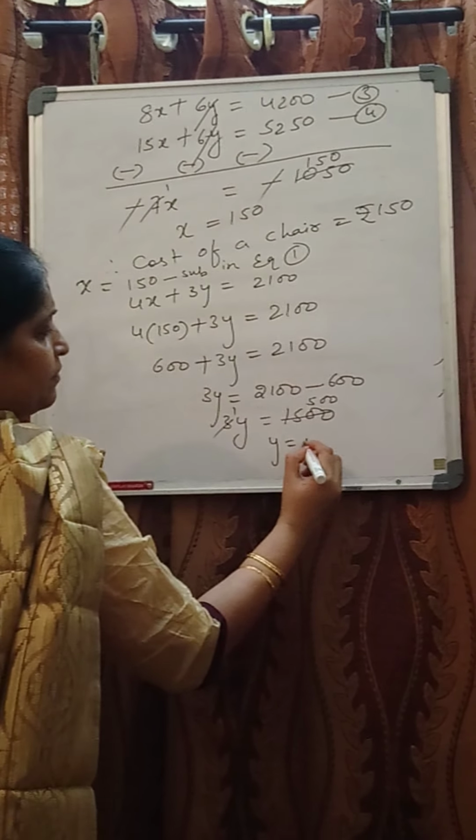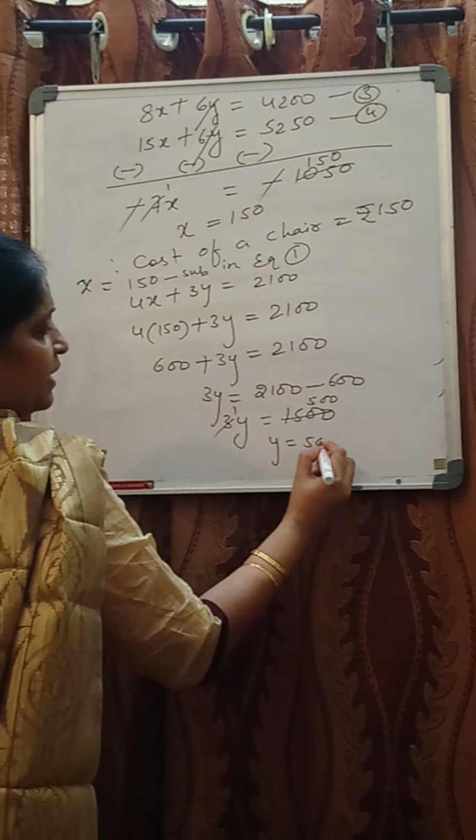Y equal to 500. So cost of a table is rupees 500. So we got the cost of a chair and the cost of a table, children. Finally you write that therefore the cost of a chair is rupees 150 and the cost of a table is rupees 500.